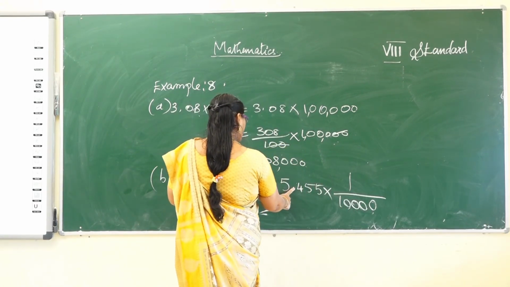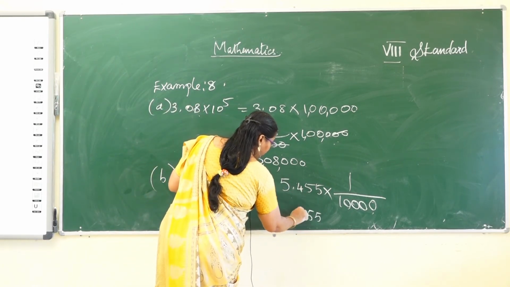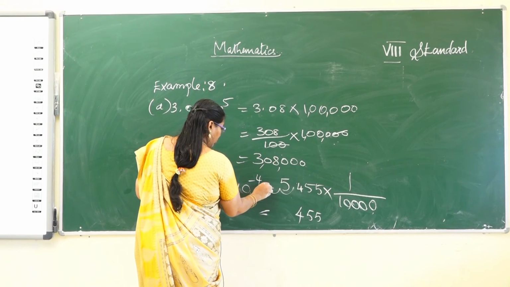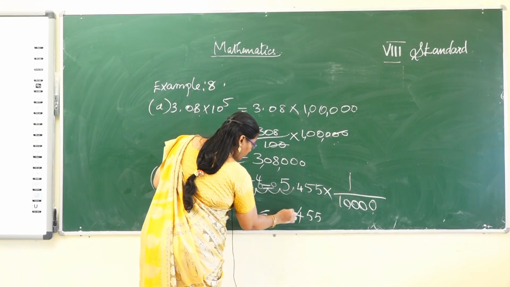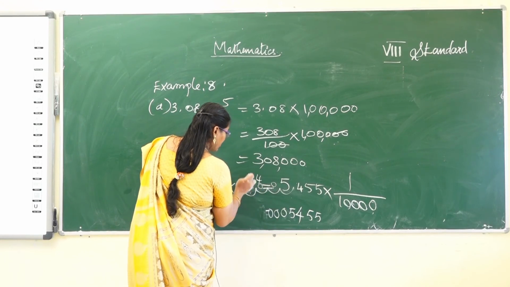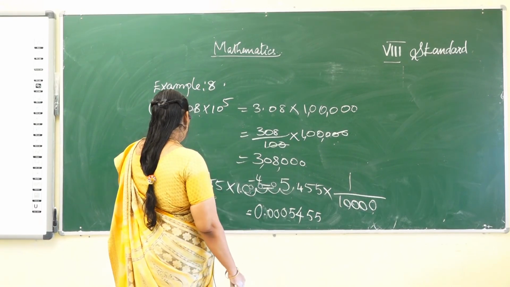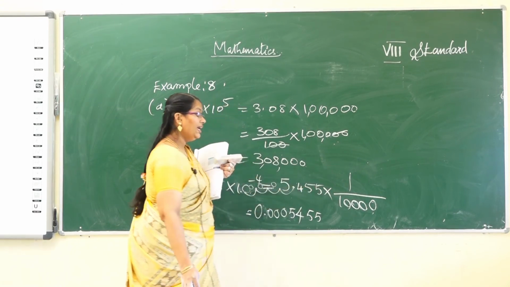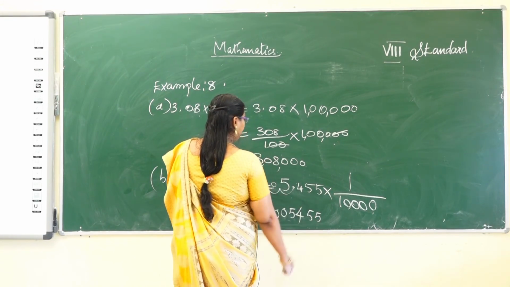The decimal point moves backward by 4 digits: 1, 2, 3, 4. So the decimal point is here, and in between put the zeros: 3 zeros, and put the decimal here. So the value of 5.455 into 1 by 10,000 is 0.00005455.